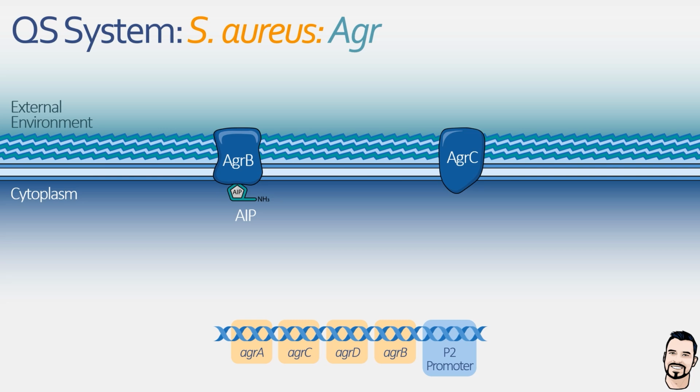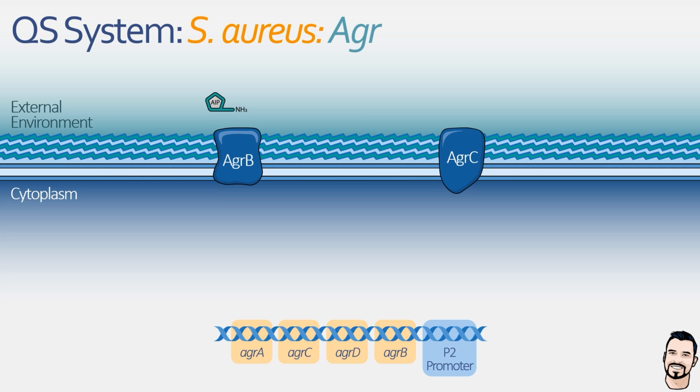The only thing left for AGRB to do is transport the mature autoinducing peptide out of the cell and into the extracellular environment, where it begins to accumulate as cell densities increase, setting the stage for activation of the AGR system. Now, at low cell densities, the concentration of the autoinducing peptide in the environment remains relatively low.